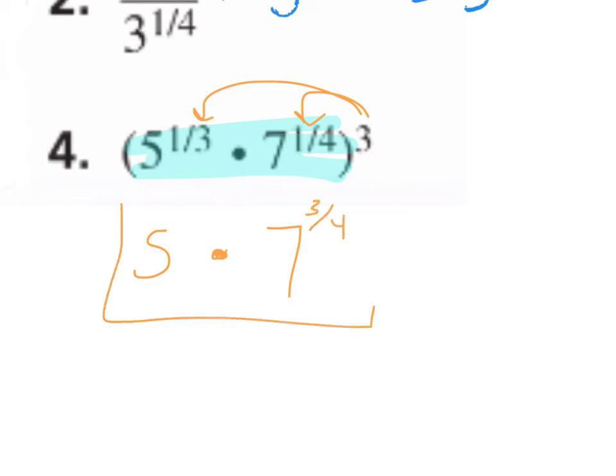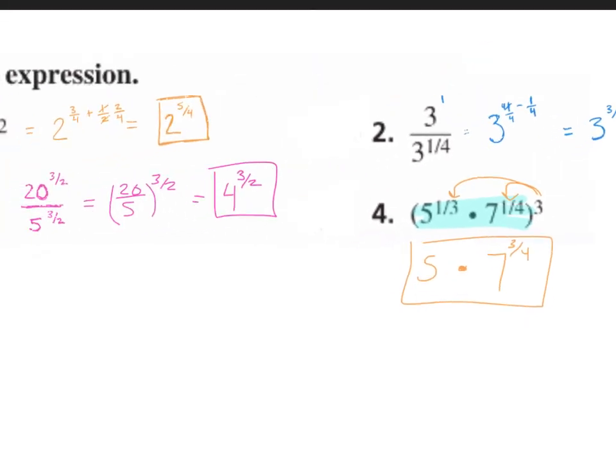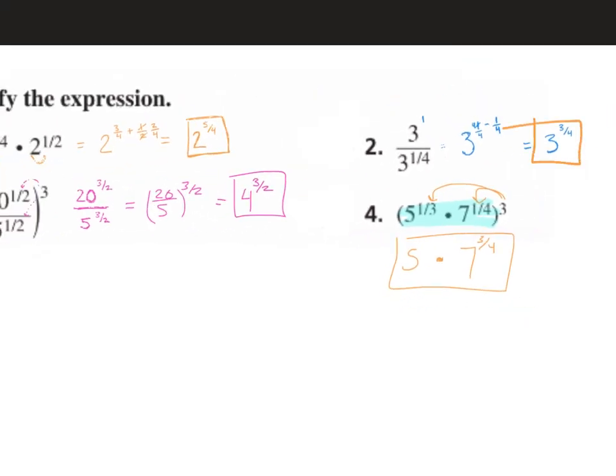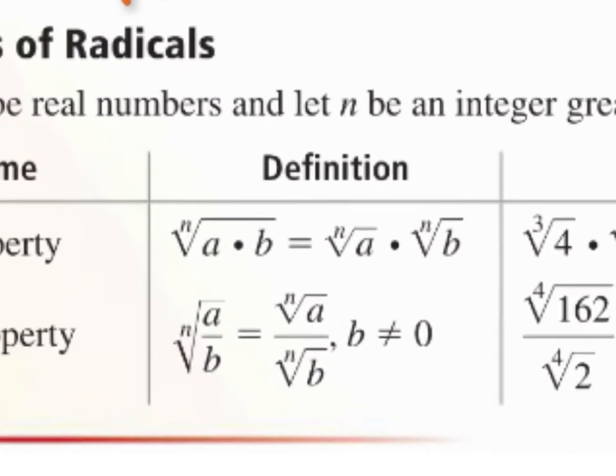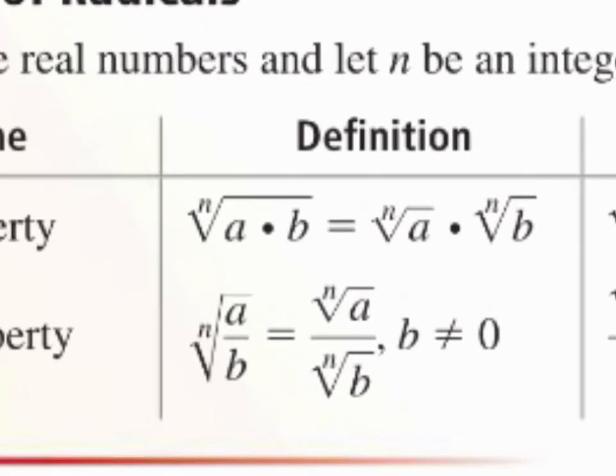All right, we have one last thing we're going to go over for today. So we have more properties to simplify our exponents. We have the product property. If we have two numbers under the same radical, we can split them up and keep that same radical, but just break them up into 2. This works both ways.